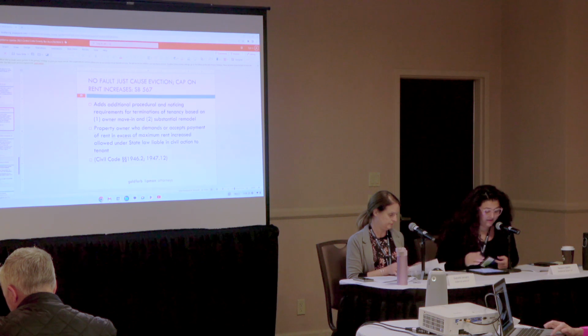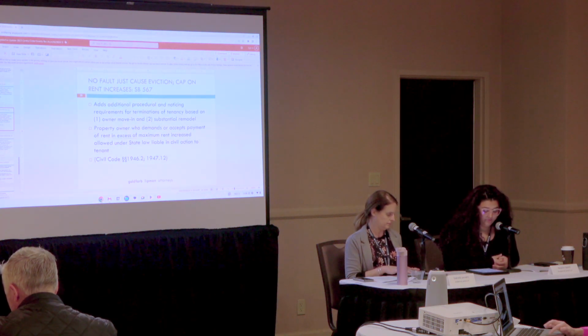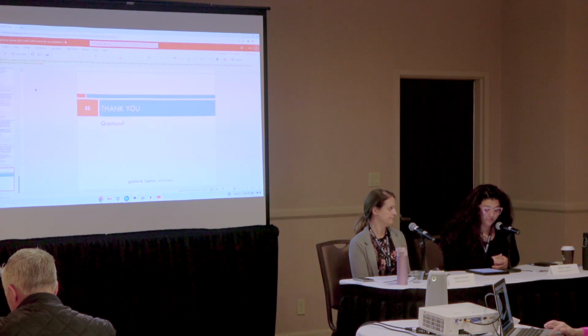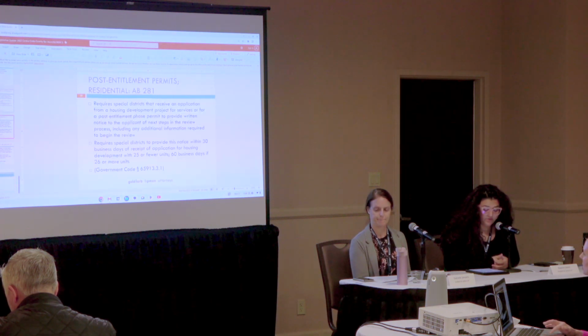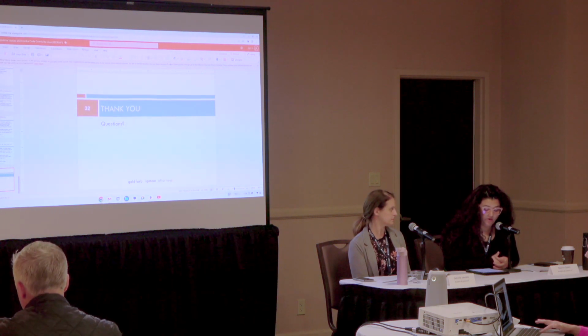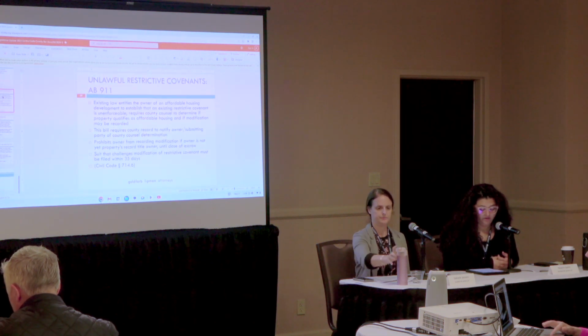It says that an owner can do an owner move-in, and an owner is a natural person that has at least 25% recorded ownership interest in the property, or an owner who is a natural person who has any recorded ownership interest in the property if 100% of the recorded ownership is divided among owners who are related to each other as siblings, spouse, domestic partner, child, parent, grandparent, or grandchild.